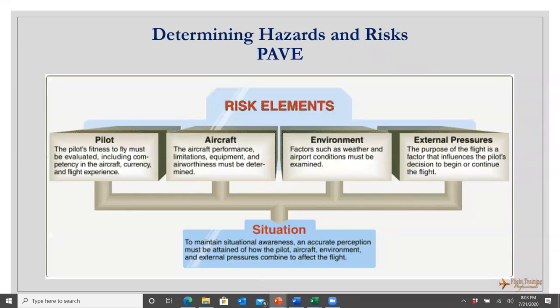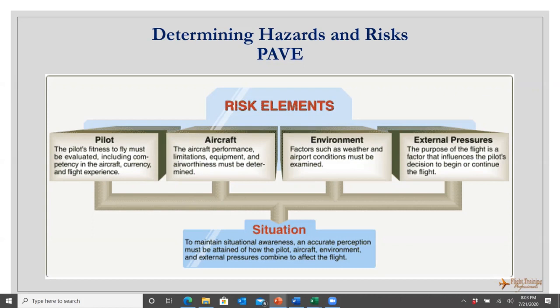Some of you guys have heard of the PAVE, right? Pilot, aircraft, environment, and external pressures. You start with yourself, just like you would on the 5 Ps: how are you doing? If it's been a long flight, are you fatigued? Did you bring a bottle of water with you in this really hot weather? How's your aircraft as well? How's the aircraft performance?